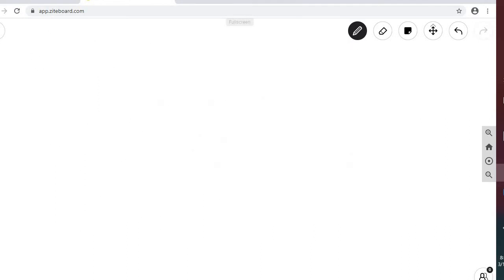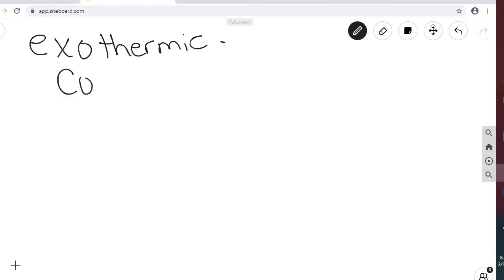Two concepts that we did discuss in the last chapter were exothermic and endothermic reactions. Now we can use the terms potential energy and kinetic energy. In an exothermic reaction, you are converting potential energy to kinetic energy.